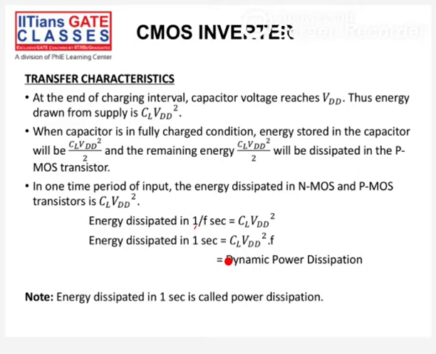So half the energy is dissipated by PMOS and half by NMOS, and the total energy dissipated is CL VDD square. So in a cycle we have this CL VDD square. We should understand how it is. I think it is clear up to this point that the dynamic power dissipation is this much.